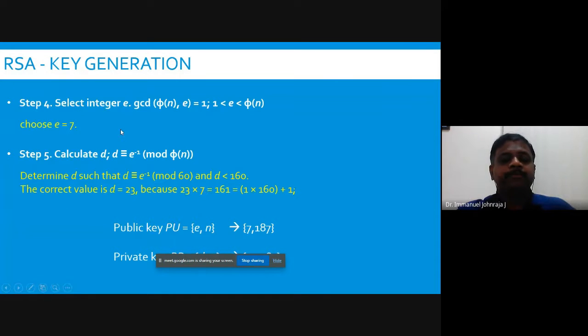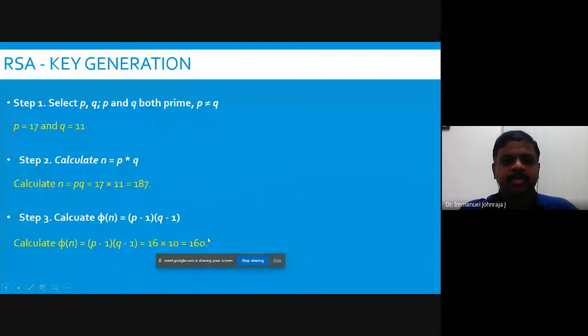Step 4: we have to select an integer e where the greatest common divisor of phi of n and e should be 1. In our example, phi of n is 160.